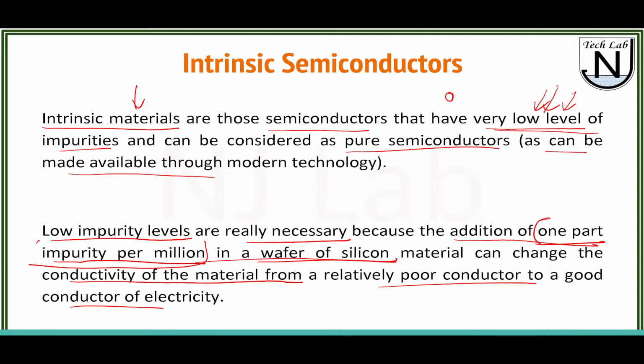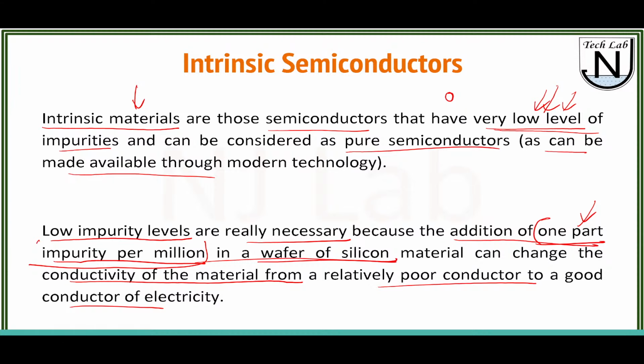As I told you, with the help of semiconductors we can control the conductivity, right? If our semiconductor material is impure and we do not know the exact amount of impurity, then there will not be any use in adding impurity. We will not be able to control it.